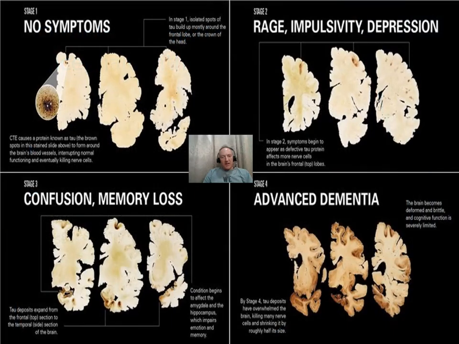You will see that as the disease progresses and more of those proteins build up, you will start seeing the person's mood change, start seeing them get more impulsive, more easily angered. But then as those proteins continue to build up and interfere more and more with long-term potentiation, you will see the same kind of confusion, memory loss, and ultimately advanced dementia that you would find in a person with Alzheimer's disease.